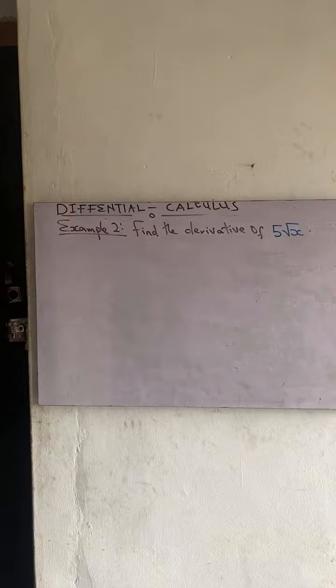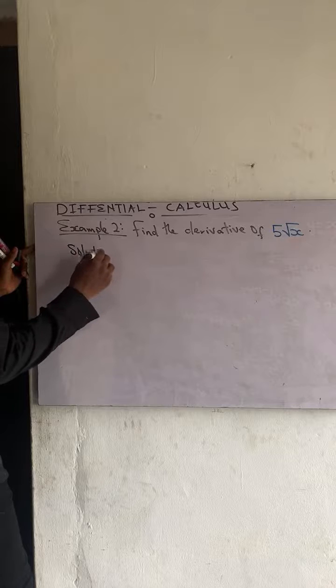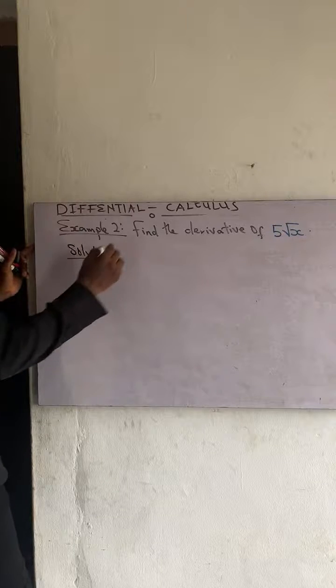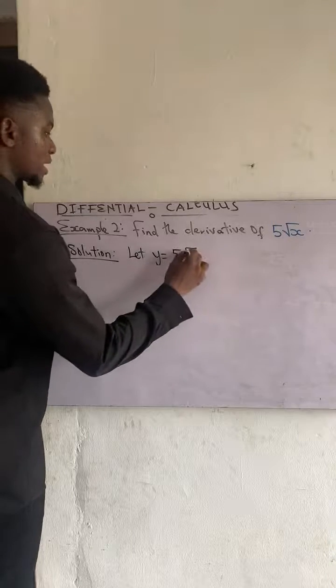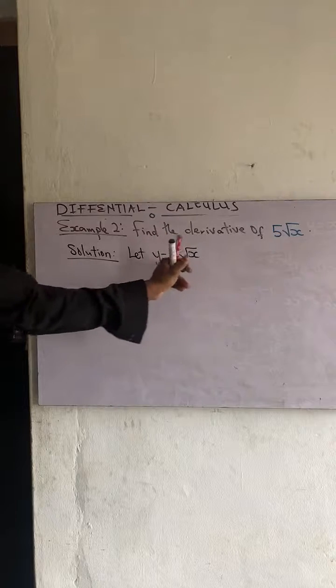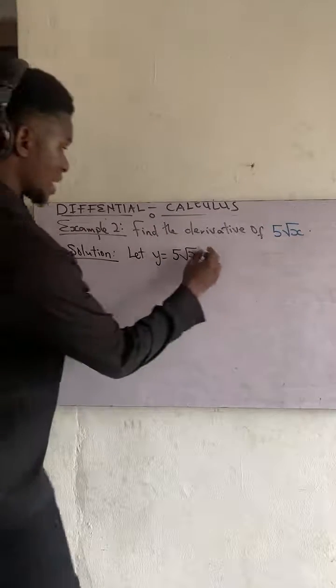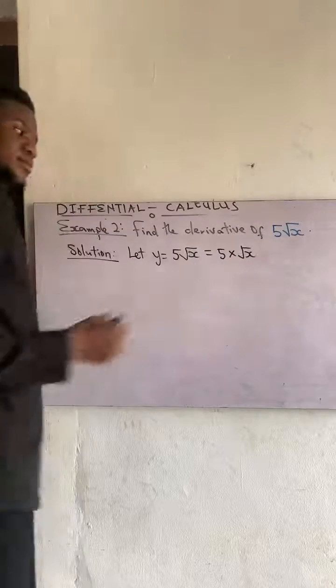Okay, guys, write solution. We say let y equals 5 root x. Are you there? So if y is equal to 5 root x, then this can be rewritten as 5 times root x.